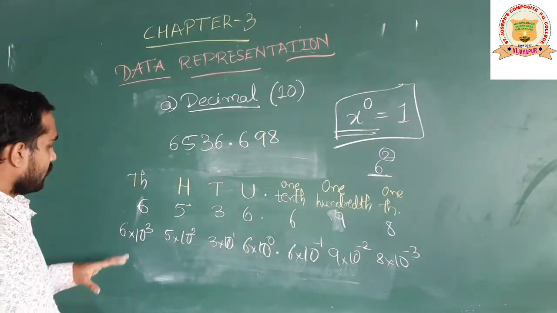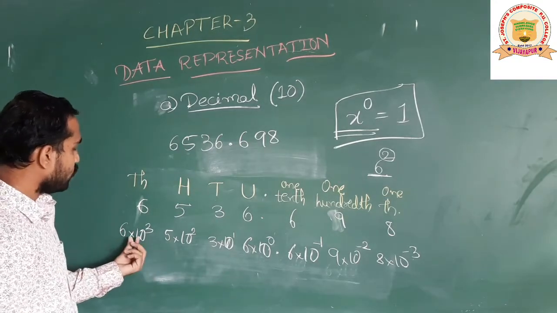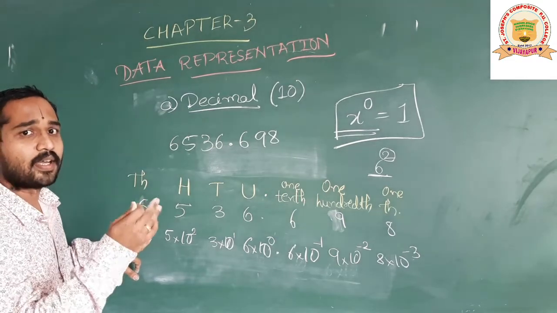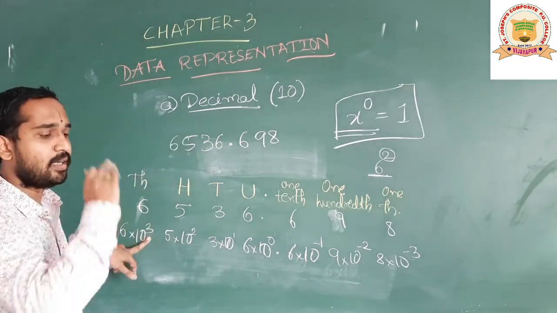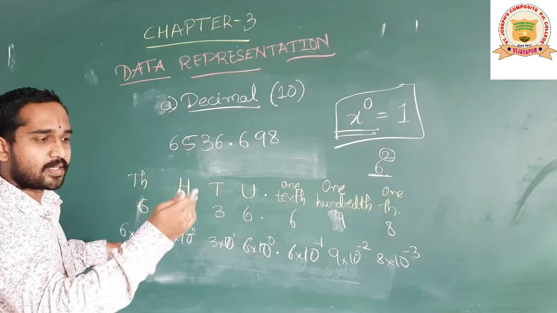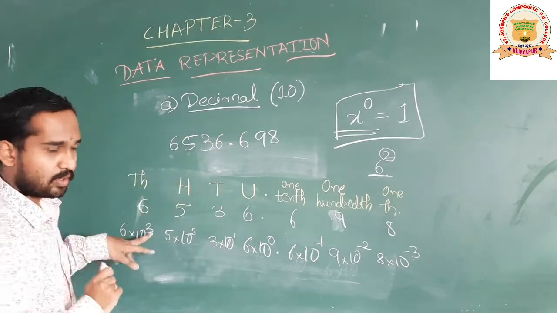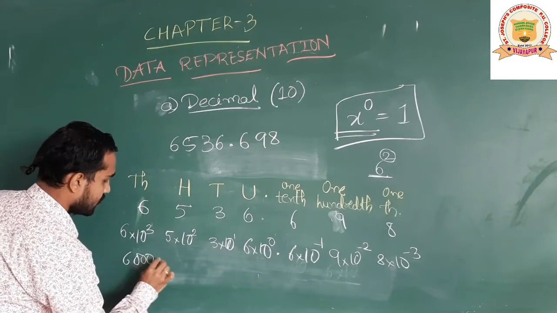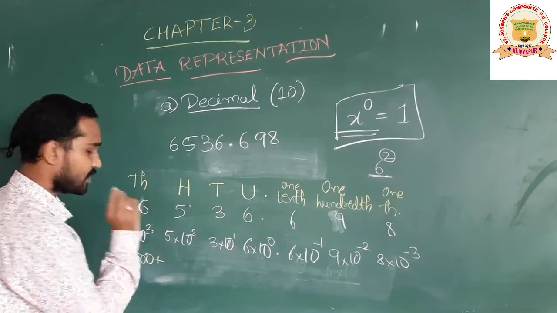So 6 into 10 raised to 3. 10 raised to 3 means 10 into 10 into 10: 10 tens are 100, 100 tens are 1000. So 10 raised to 3 is 1000, and 6 into 1000 is 6000.